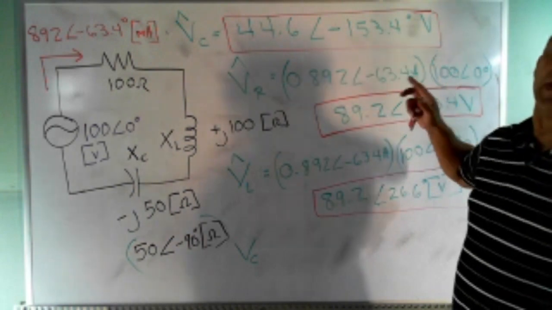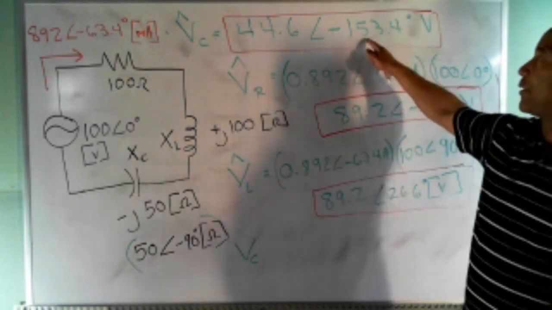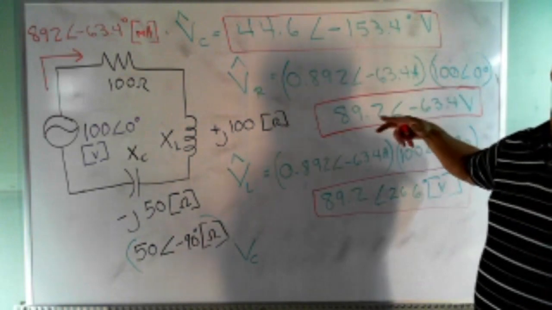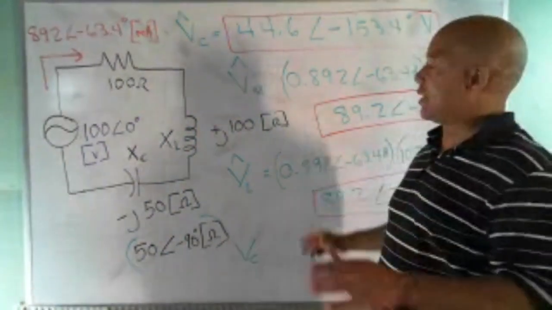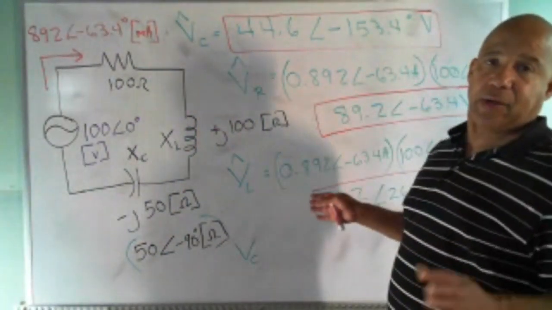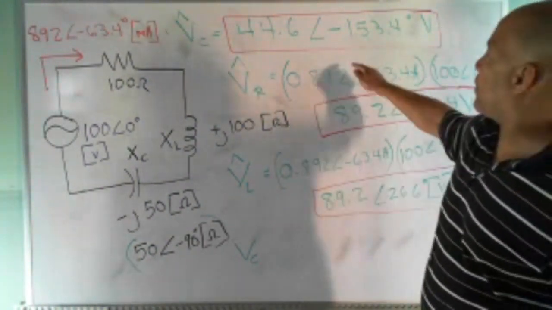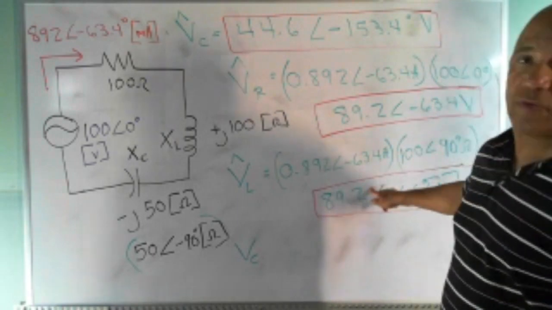Well, you could, if you had a ruler and a protractor to get these angles, you could actually do it graphically. But I'm not going to do it on the board because I just don't have enough space. Normally I do it on campus, but there's no way I can do it here. But what you'd have to do is convert all of these, everything in the red box, to rectangular form.